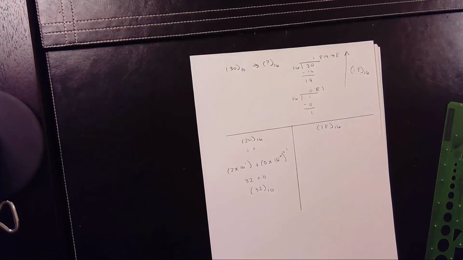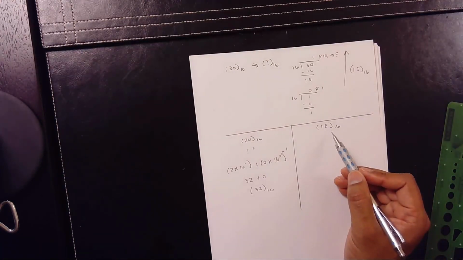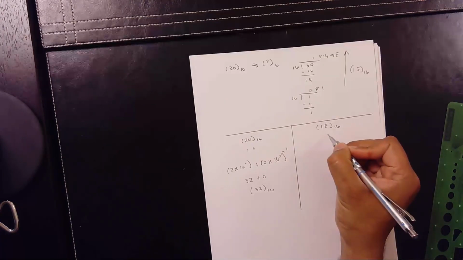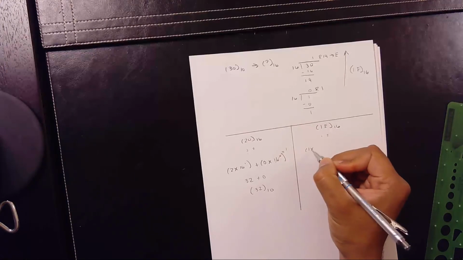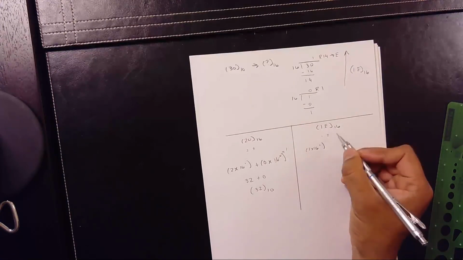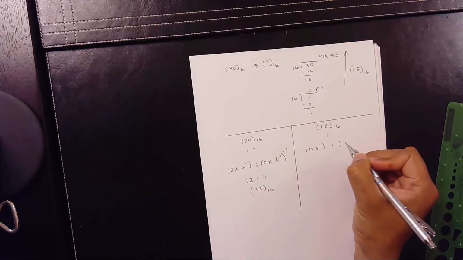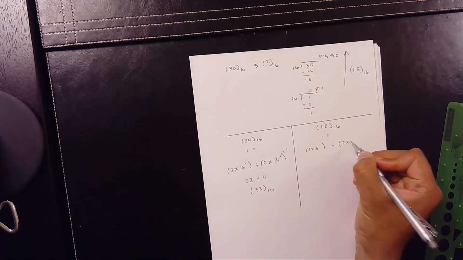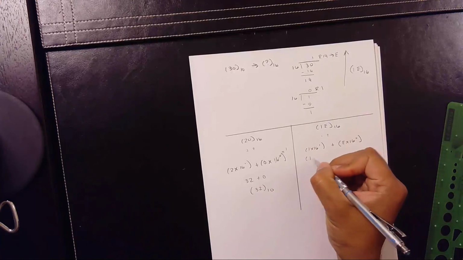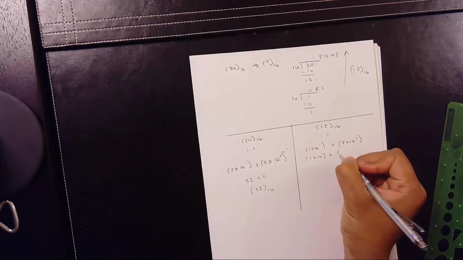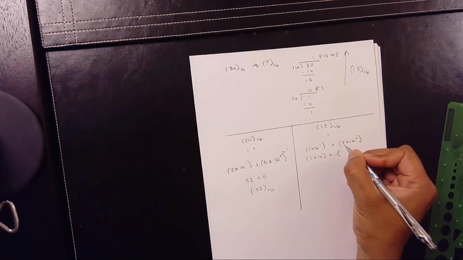Okay. If we do back to 1E again, we'll simply rewrite the placeholder 0, 1, just like that. And we write 1 times 16 to the first plus E times 16 to the 0. What do we do? Well, this is simply 1 times 16 plus E, which is, what is our E value?